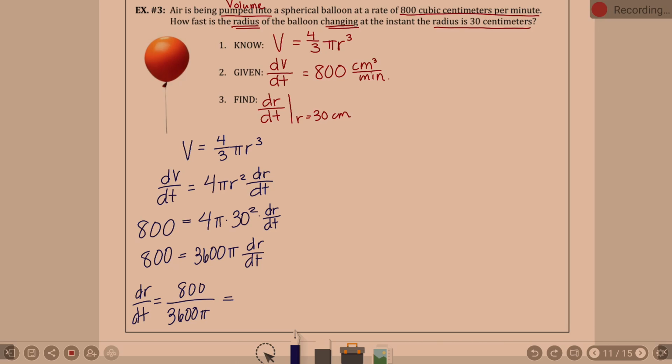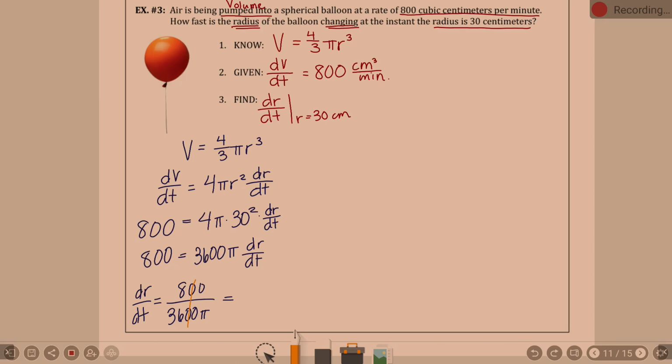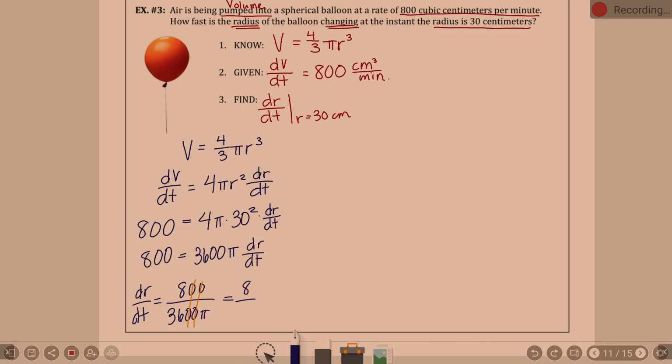The obvious thing I see without grabbing a calculator is those zeros. Top and bottom both divide by 100. So now I'm at 8 over 36 pi. Those both divide by 4. 2 over 9 pi. And that's honestly how the answer is in my book.